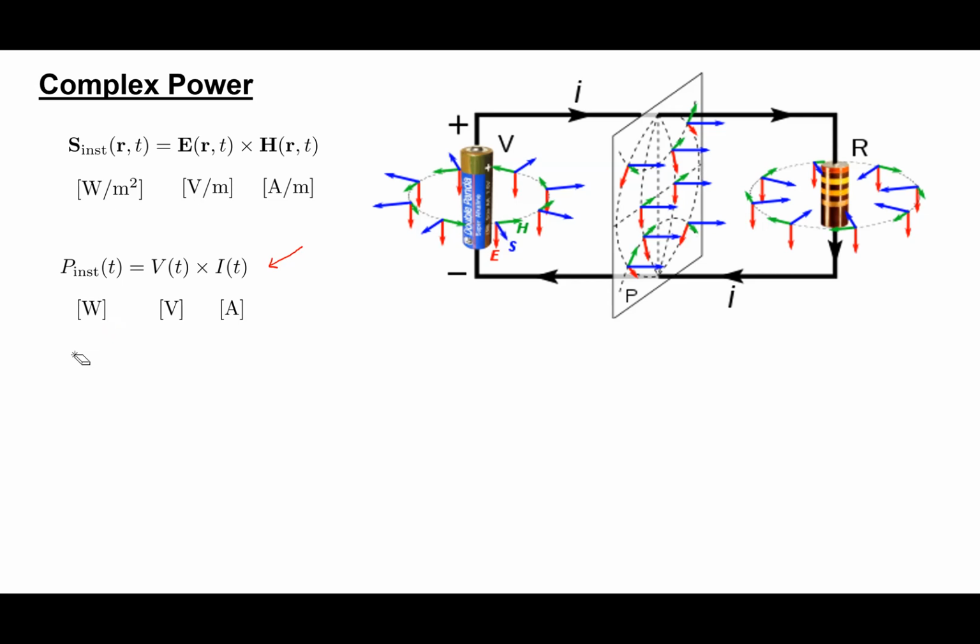On the other hand, we can generalize this concept by replacing the voltage with the electric field and the current with the magnetic field. And also, these are vectors, so it's not just a scalar multiplication, it's going to be a cross product.